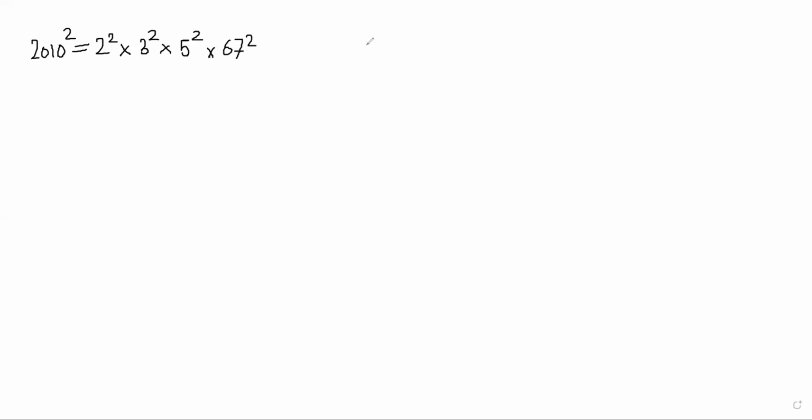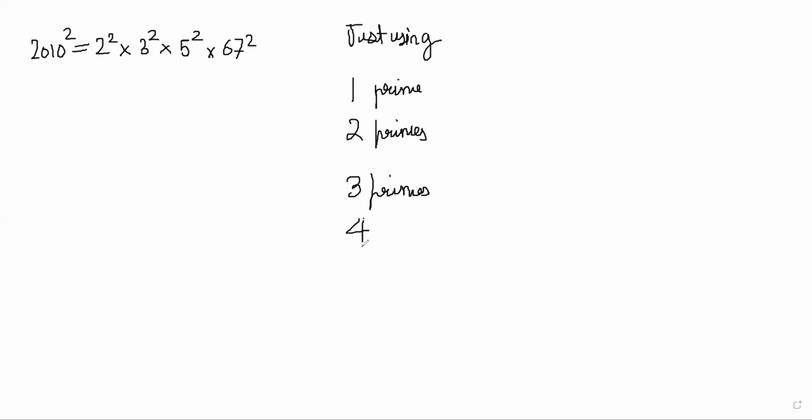I have to count all the perfect squares which are divisors. Perfect squares can be formed using either one prime, or two primes, or three primes, or all four primes. So these are the four classes of perfect squares.